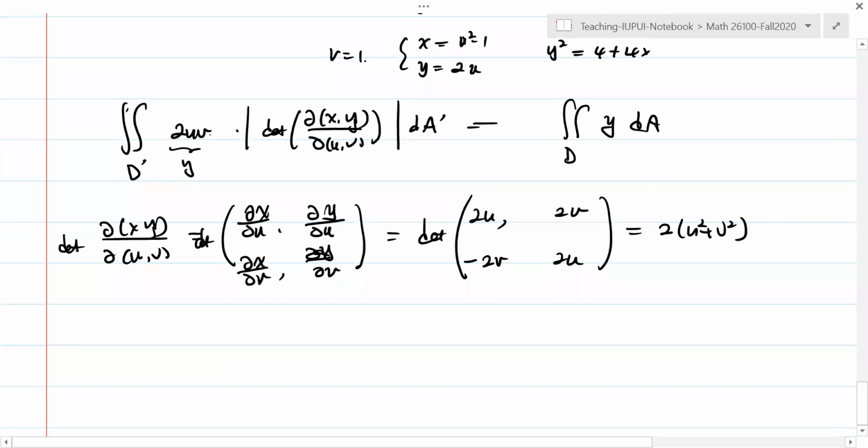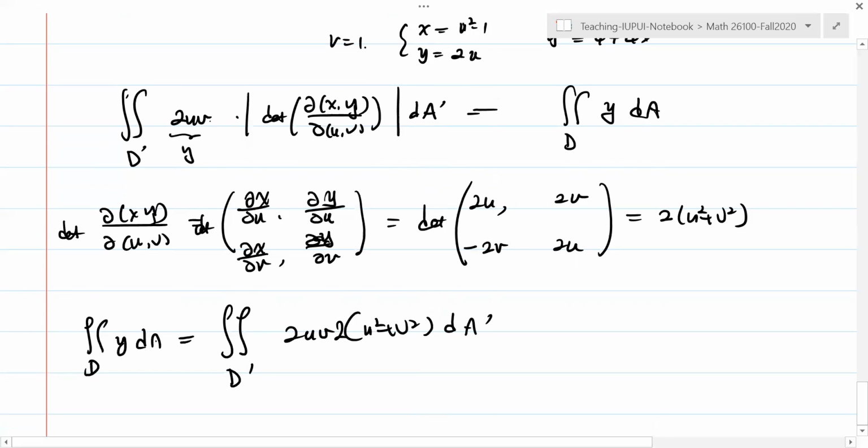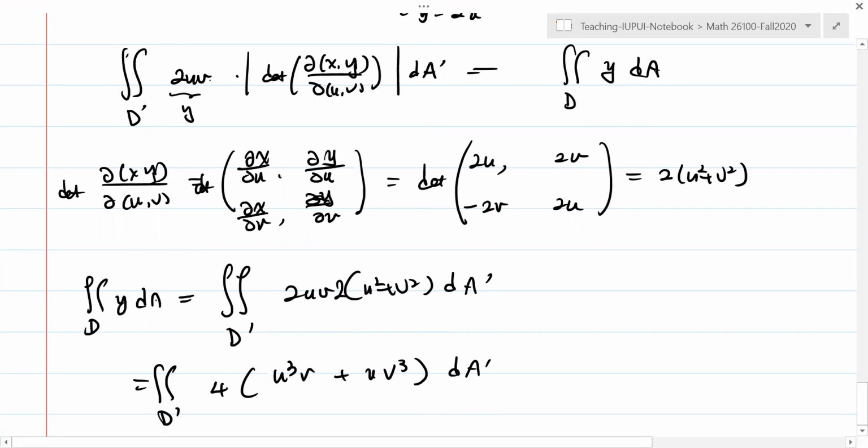So the double integral of y dA is going to be 2uv, and have another 2 here, right? Times u squared plus v squared dA prime. All right, so you multiply this out, and you have u cubed v plus uv cubed dA prime.